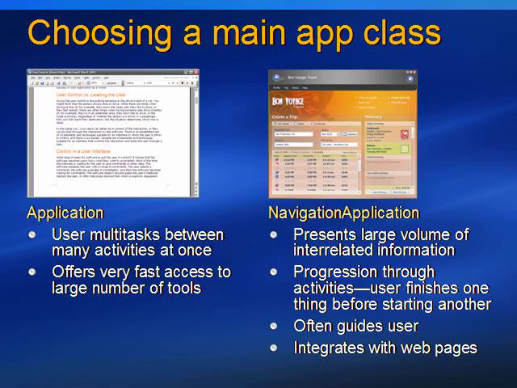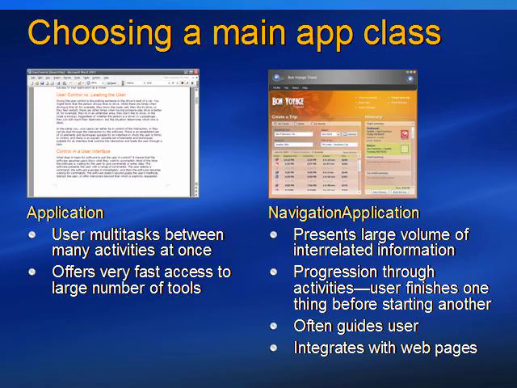And when you're deciding which one to use, you have to look at your application situation. If you're designing an application where the user is going to multitask between a variety of activities all at once, and they're going to need a large set of tools to bring to bear on their current context, then the traditional application and the traditional, for example, SDI windowing model may be what you're looking for.